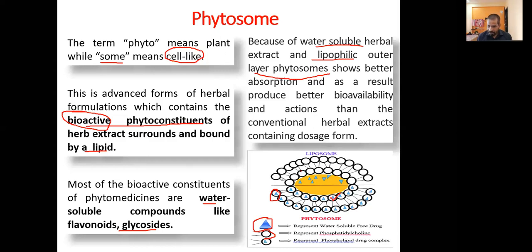While here you can see liposomes are inside the central cavity. So that is a major difference. Phytosomes are due to chemical bonding going inside these circular bodies, while liposomes are crossing this membrane and going inside the cell cavities. Okay, so these are the major differences between liposome and phytosome. The phytosomes are far better than the conventional dosage forms.